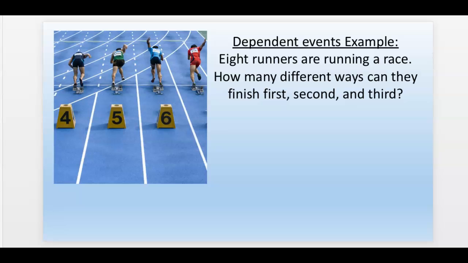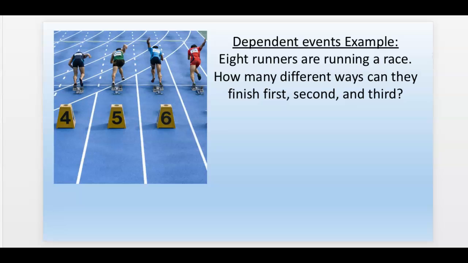Another example, again dependent events: 8 runners are running in a race. How many different ways can they finish first, second, and third? Once one runner finishes first, they can't finish second. We're not talking about any ties.